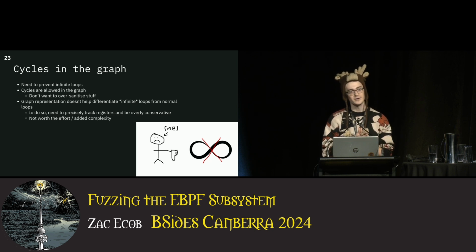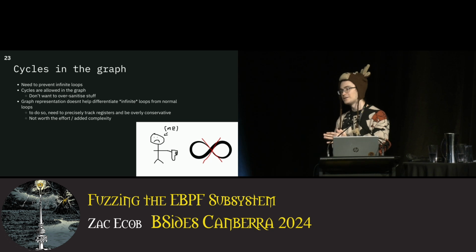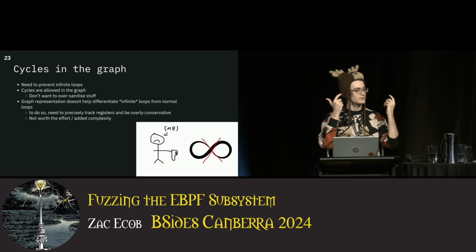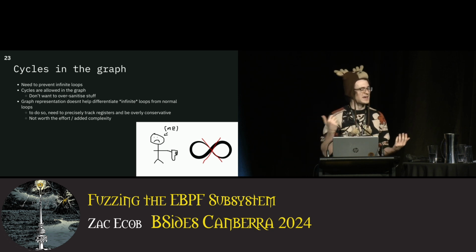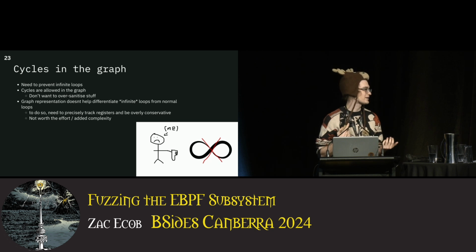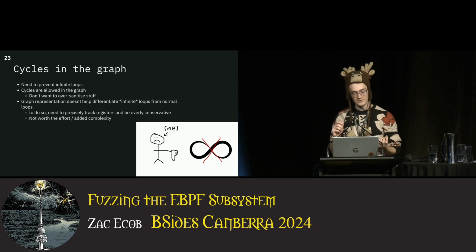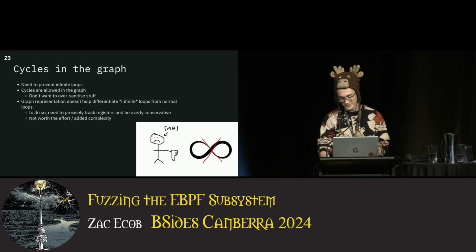So I would either be working from scratch and take forever and add a ton of complexity to my code and make a bunch of bugs, or I could just copy the way eBPF did stuff, but then I would be copying all of the stuff they subtly, implicitly did wrong and not realize it. So I just made the call that it's not worth it to tackle this, and didn't. If you can think of an easy way to reason about infinite loops, please tell me.